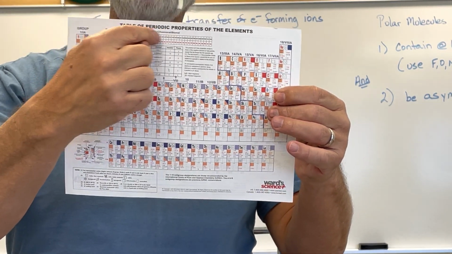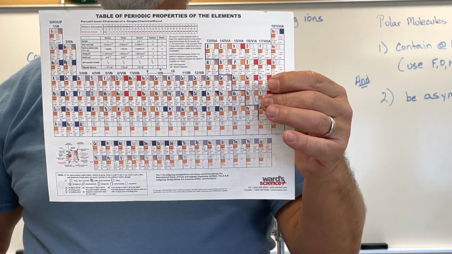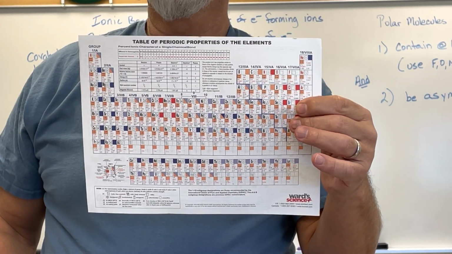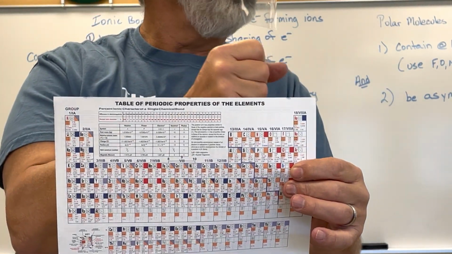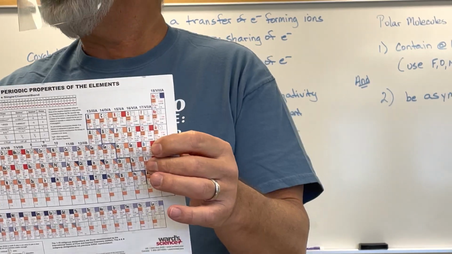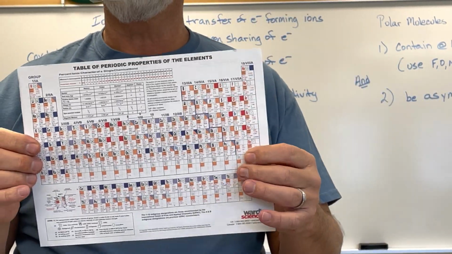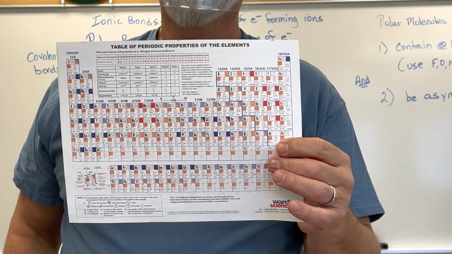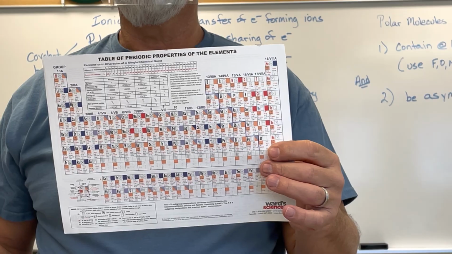Then there's kind of the gray area between 0.4 and 1.7, where one is not strong enough to completely take the electron away, but it's definitely not an even sharing. The electron hangs out more around one than it does the other. And what happens at 1.7? It becomes ionic. I know, but what's the percent? 51%.